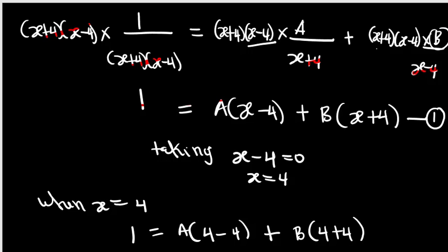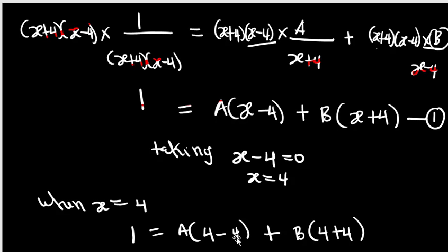So we simplify this, and this will give us 1 being equal to, don't forget that 4 minus 4 will give us 0. So 0 times a will give us 0. Therefore, we are going to be left with this b multiplying 8, and that will give us 8b.